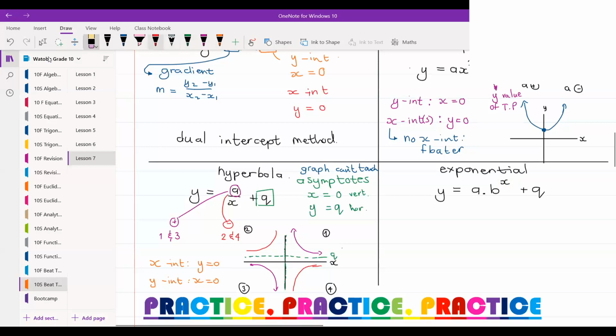Okay. Now, what does the exponential graph have, guys? Anybody remember? Same as our hyperbola, what does the exponential graph have? An asymptote. Beautiful.